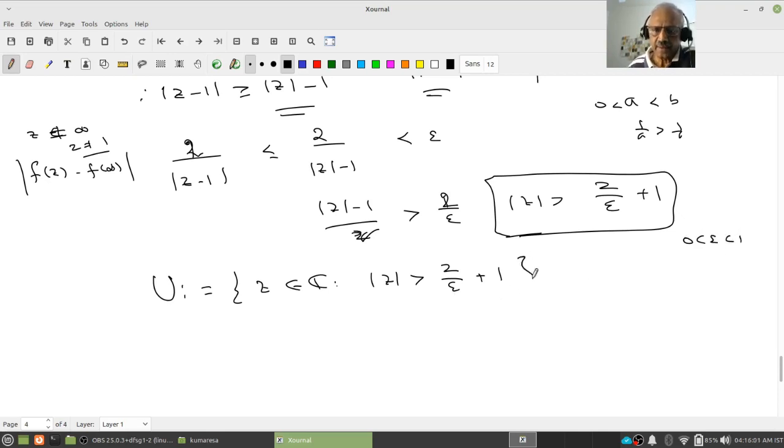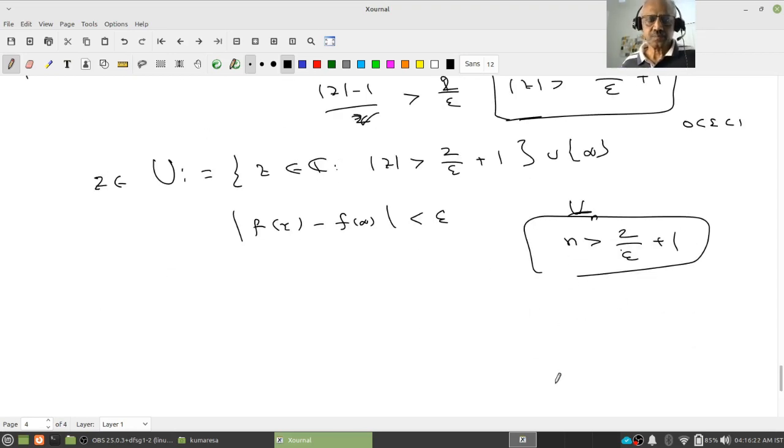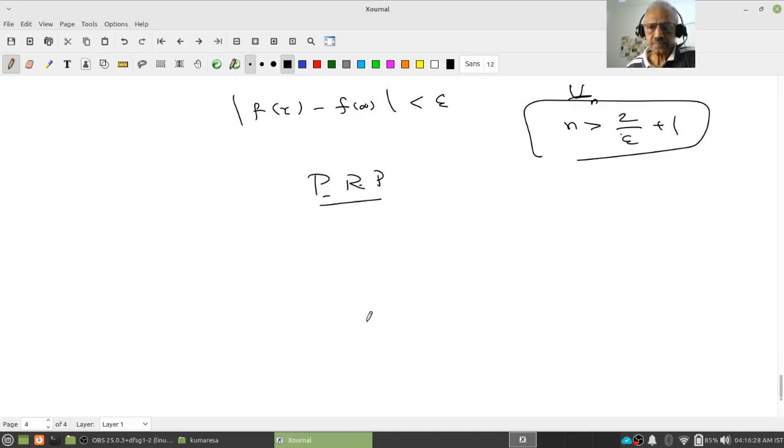Okay, union infinity, then for every z here mod of f of z minus f of infinity will be less than epsilon. If you want U_n, you know how to choose that. So what you do is choose a natural number which is greater than 2 by epsilon plus 1, etc. Okay, have you understood this?